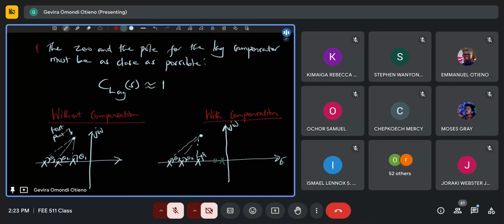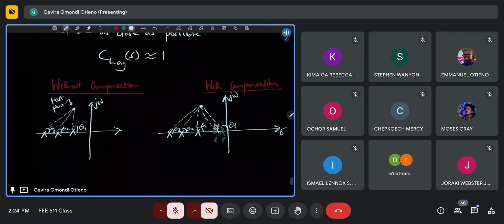For us to achieve a proper lag compensator that will help reduce the steady state error, the gap between this pole and this zero must be as small as possible. But also, both the pole and the zero should be as close to the origin as possible. Now we'll be adding these 2 angles for the pole and the zero, theta P and theta Z.